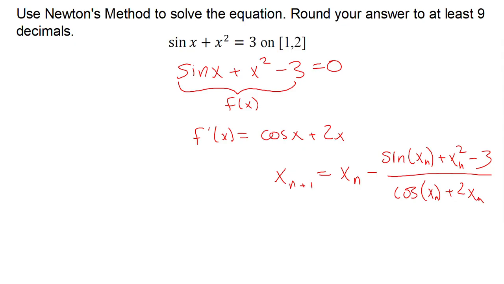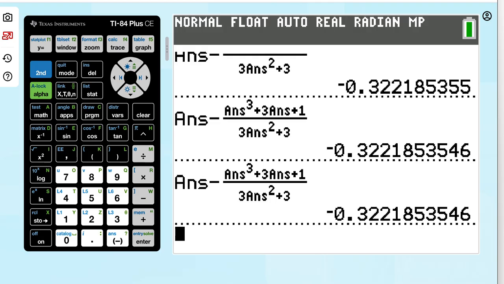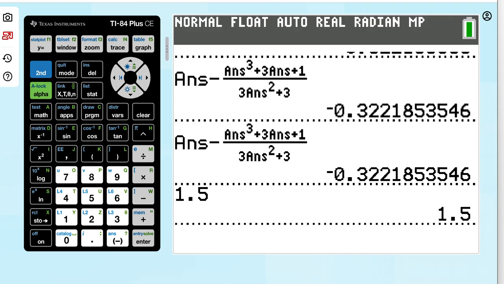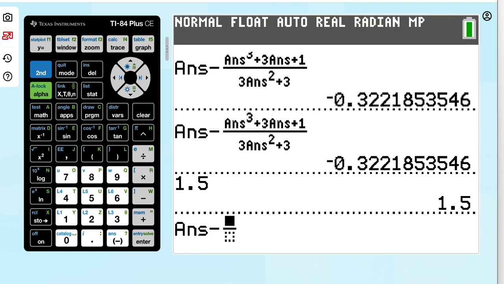This time we don't have to pick a first guess. We're going to use x sub 0 is 1.5. And we don't have to show why, because I've given you an interval from 1 to 2 to think about this. So we'll just pick 1.5. So we'll go back to our calculator. We'll type 1.5 as our first guess, hit enter. And then we'll type in answer minus, give our nice little fraction here.